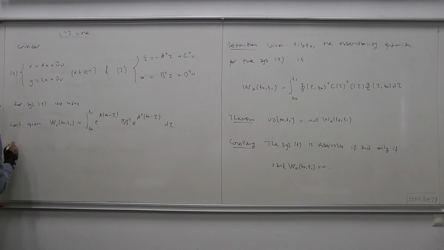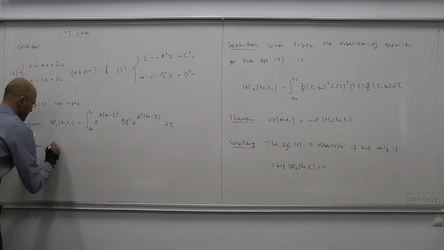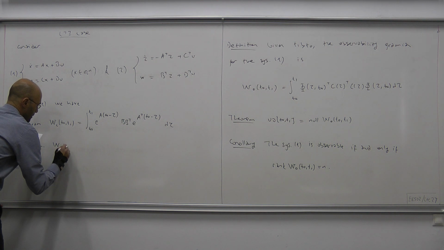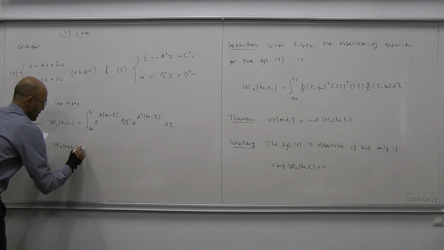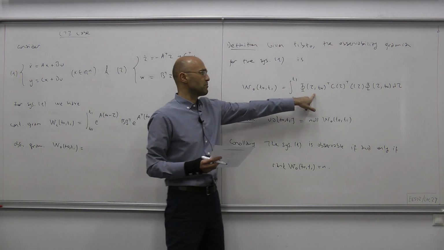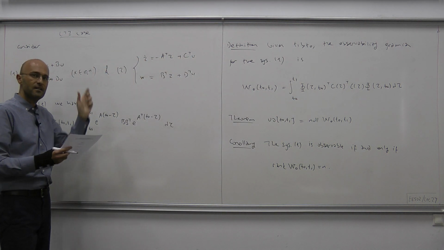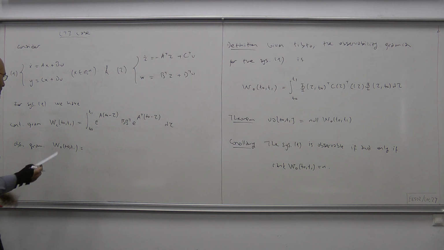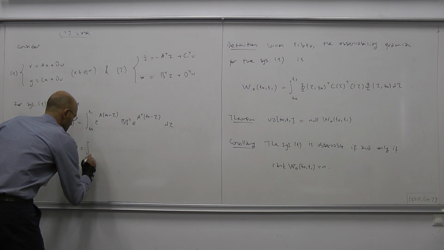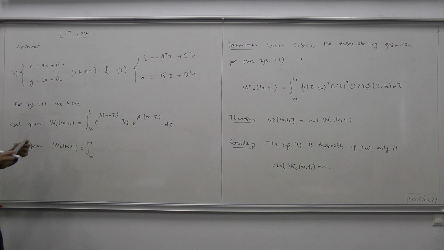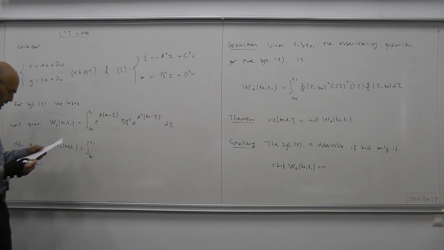Likewise, the observability Lagrangian, which we just defined, W_O T0, T1, remembering that the state transition matrix phi T, T0 is simply e to the A T minus T0 for the LTI case. We can easily write the observability Lagrangian for our first system, system 1.